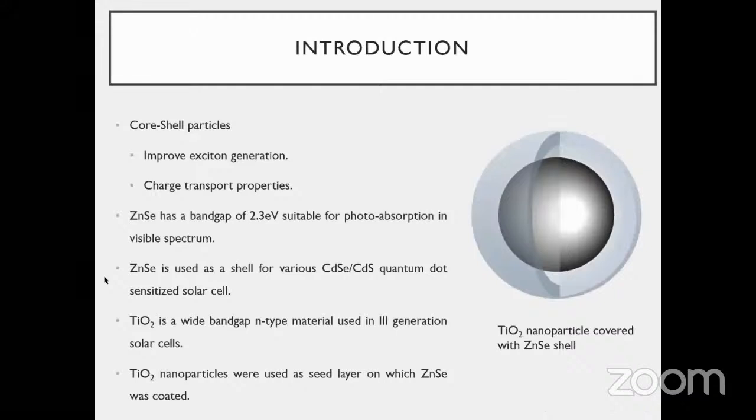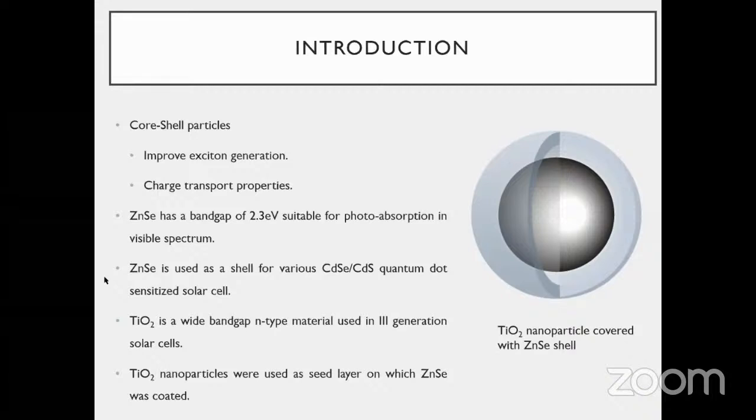There are 3 types of solar cells in the field, and we all know that the first generation solar cells are bulk silicon based solar cells. The second generation are thin film solar cells, like cadmium telluride, CIGS, etc. The third generation of solar cells includes DSSC and quantum dot sensitized solar cells, which are called excitonic solar cells.